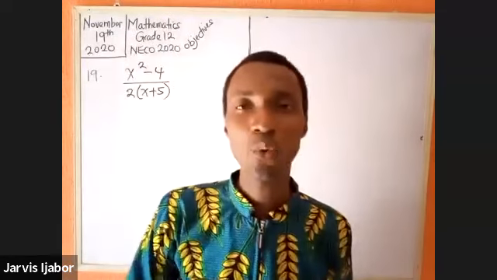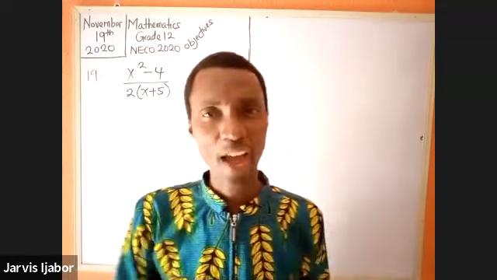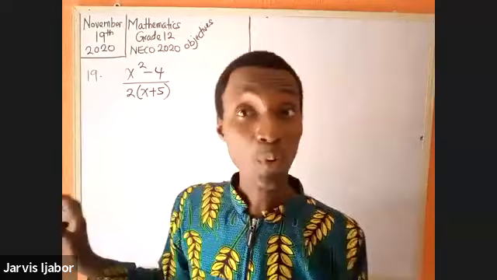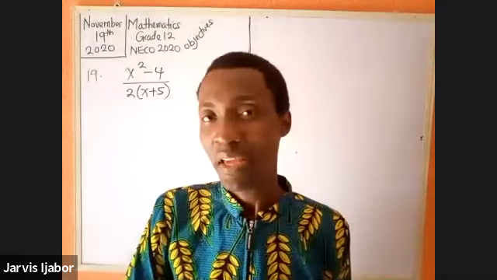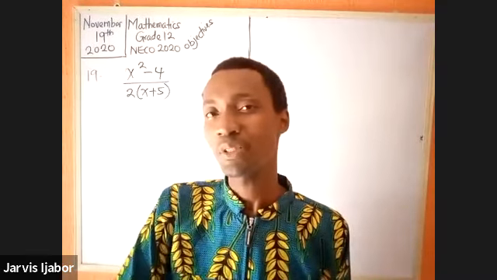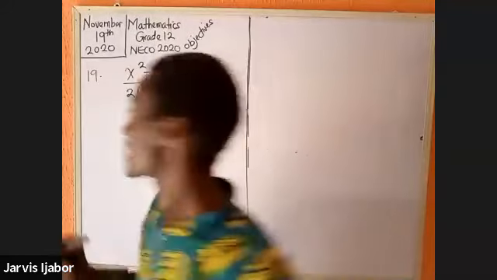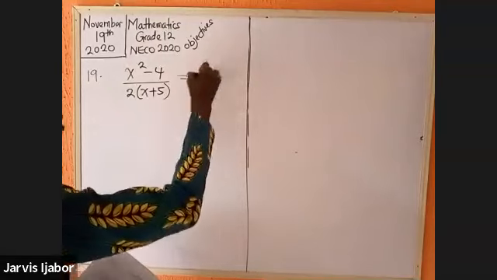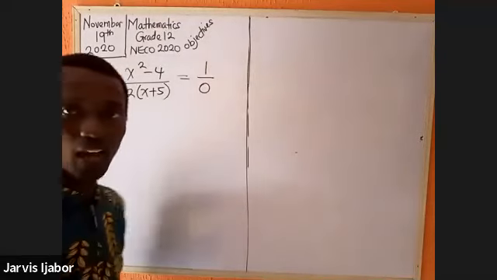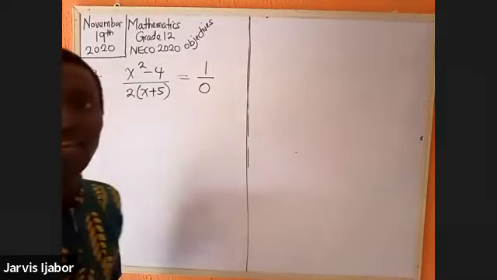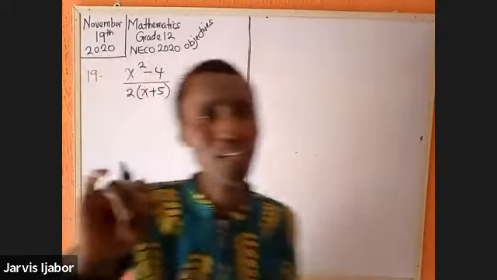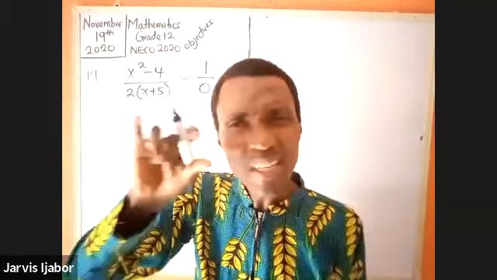This is a topic we call algebraic fractions. Now, what does it mean for a fraction or an expression not to be defined? It means that the expression is equal to 1 over 0.